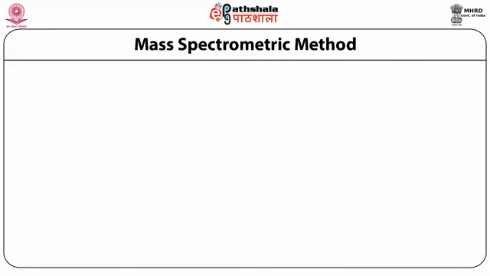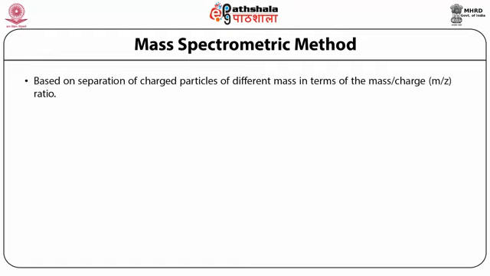Mass spectrometry is another independent method which is used for quantitative as well as qualitative analysis of any analyte. This technique is based on the separation of charged particles of different mass in terms of mass by charge ratio.